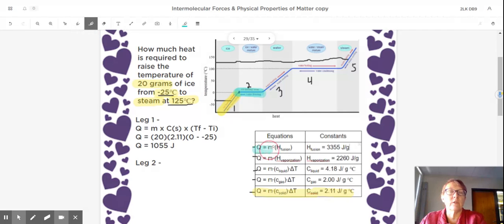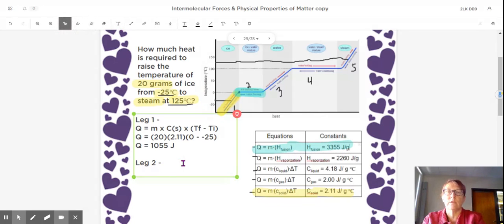All right, so we're going to use Q equals M times heat of fusion. Okay, so let's plug that in here. So leg 2 is going to be mass times heat, and I'm just going to make this a little F, heat of fusion.